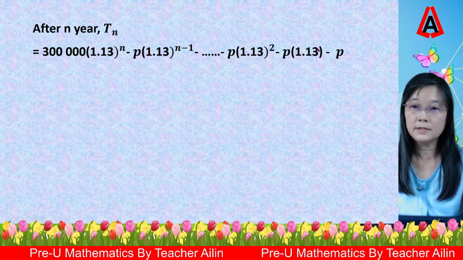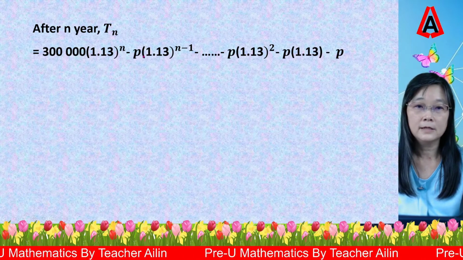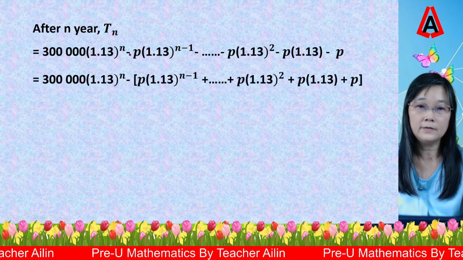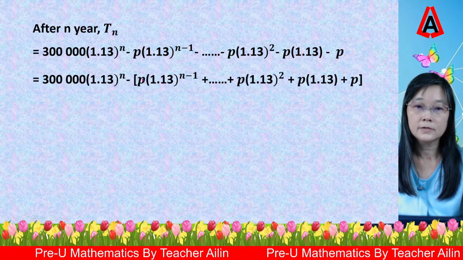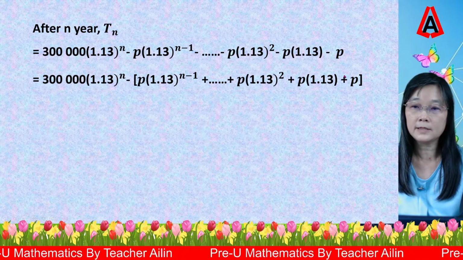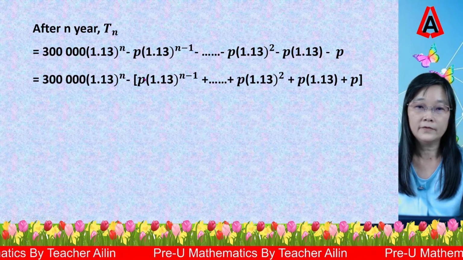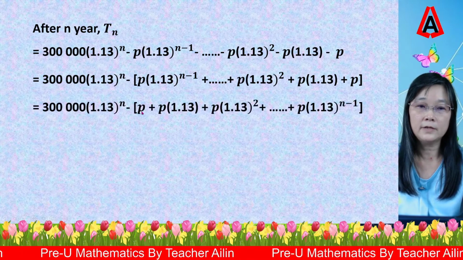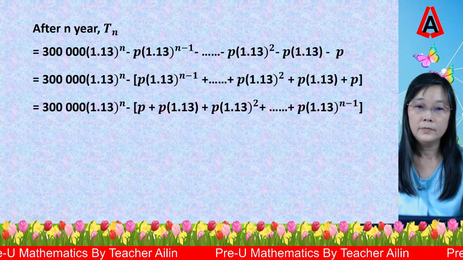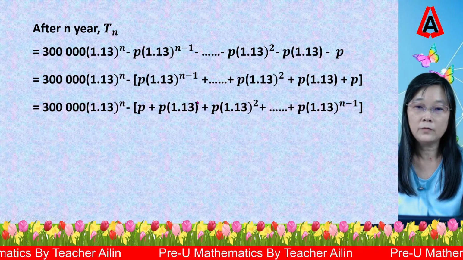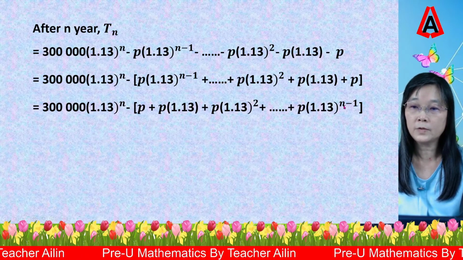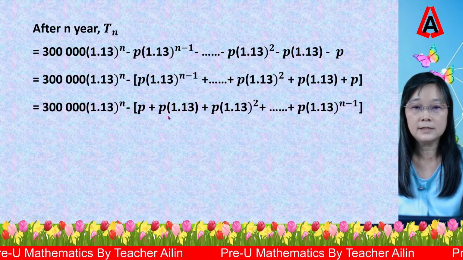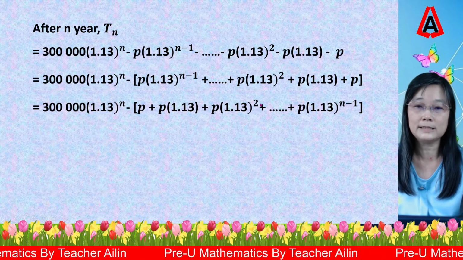Now when we look at the total outstanding of the n years, you can see that this one is a geometric series. The only thing is this one is minus. So now first we factorize the minus. So now we can see inside here that is the sum of the series. And I rearrange so that we start from P times 1.13 power 1, power 2, and up to power n minus 1. So this part of the series is the geometric series.